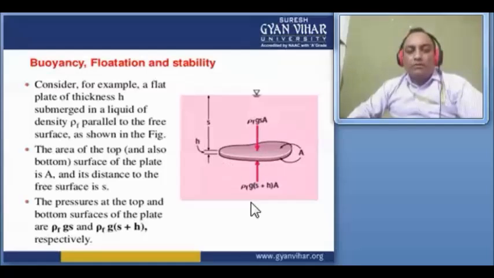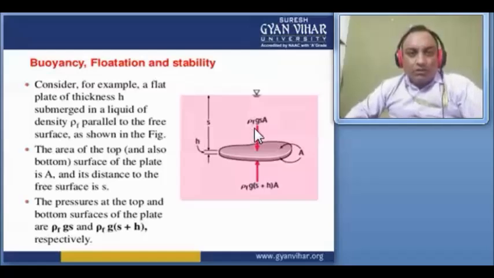Then the upward force and the downward pressure force are not equal because of this height difference h. So rho f g s into A and rho f g (s plus h) into A are not equal, right?